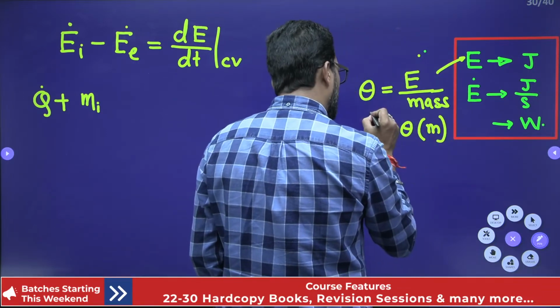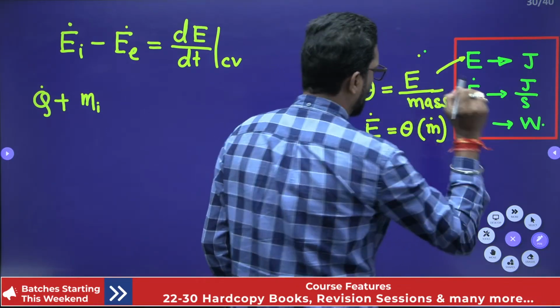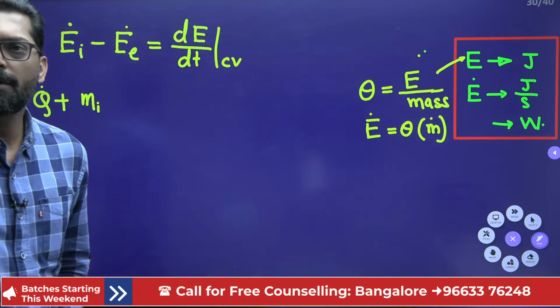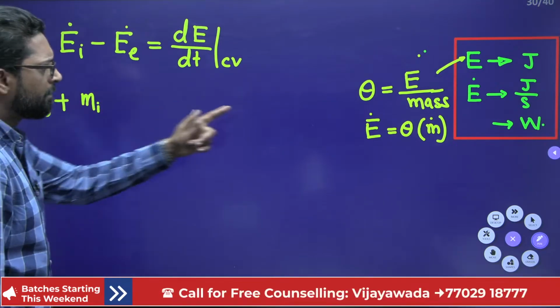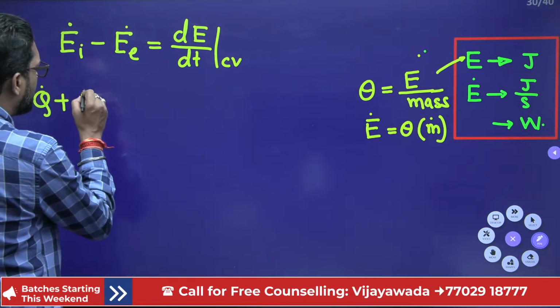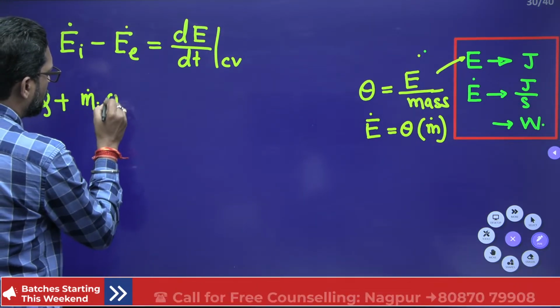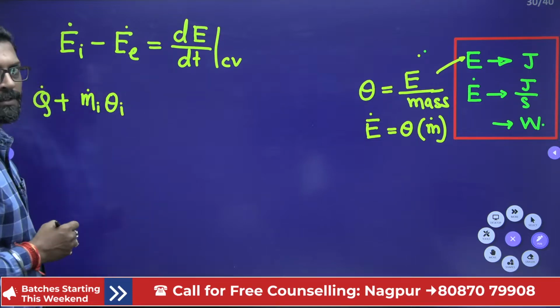So if we put E dot, there is an m dot. No problem at all. So Mi dot into theta i, yes or not?